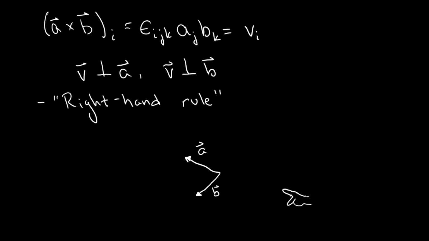And then my thumb is going to give me the direction of the third vector. So this guy is along A, this guy is along B, and this guy is going to give me the direction of v.